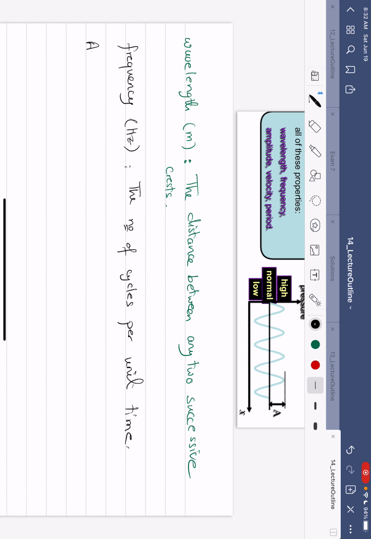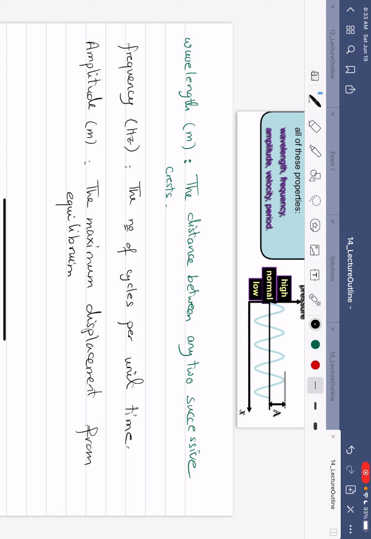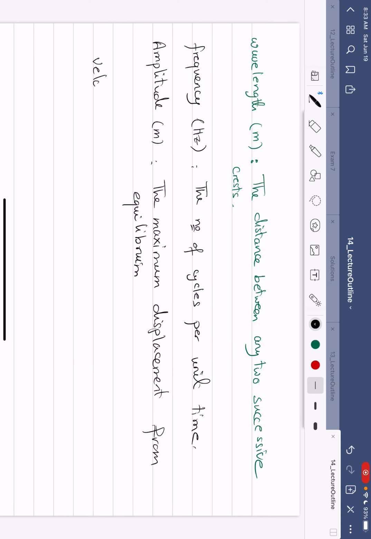And amplitude, in meters, is the maximum displacement from equilibrium, and velocity, in meters per second, is the distance per unit time covered by a wave.